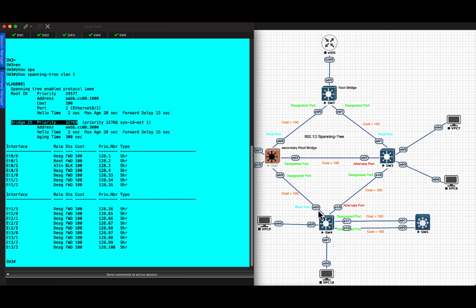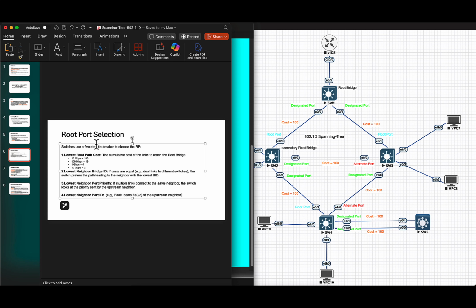Therefore, it elected E03 as the root port because its neighbor, switch 2, has the lower bridge priority versus switch 3. Okay? So that tiebreaker, the lowest neighbor bridge ID, is used in this scenario for switch 4.